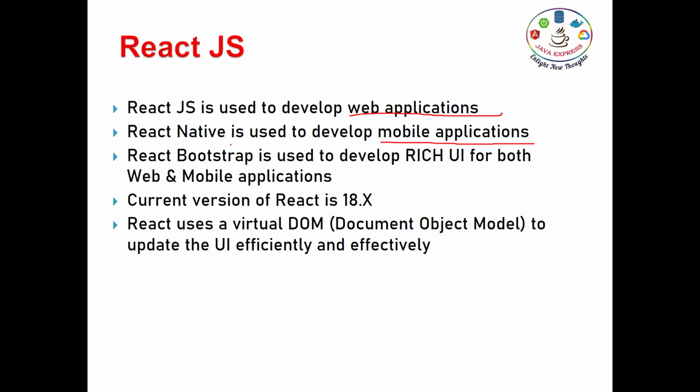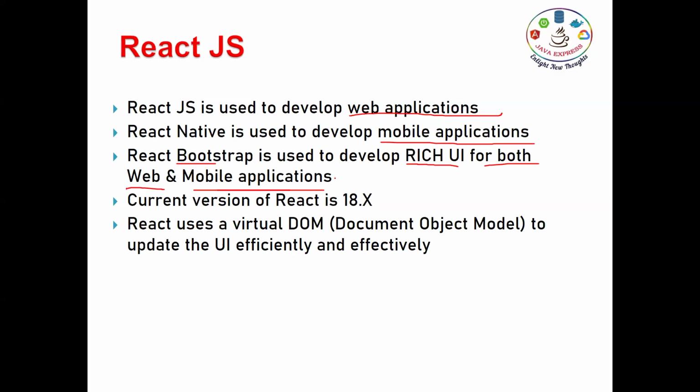If you see the Facebook app, Twitter, these are all using React internally. This is front end development. React Bootstrap is used to develop rich UI for both web applications and mobile applications as well. For these two types of applications, we can do the activity here.